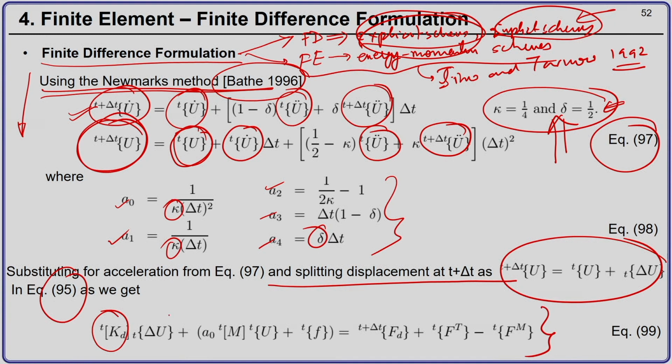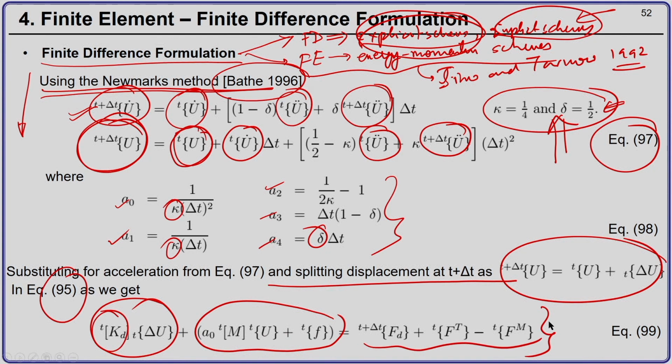So, you can write the matrix K_D times the incremental displacement plus A0 m into u plus f equal to the right hand side force vector, where A0 is here. These quantities are at time t and therefore, they are known.